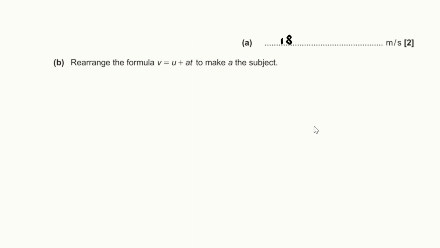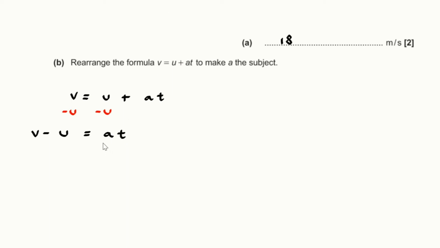And now for part B, we have to rearrange the formula v equals u plus at to make t the subject. Well, if I've got v equals u plus at, we can then subtract u from both sides, leaving us with v minus u equals at.